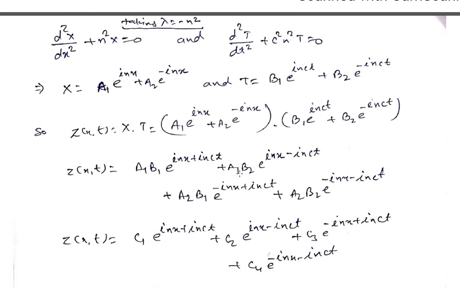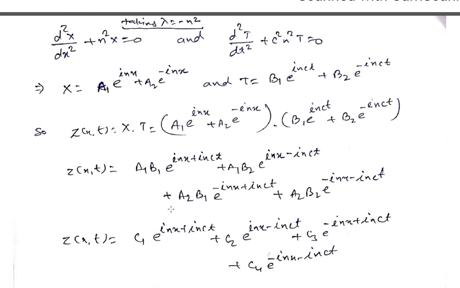In the second term, we have another multiplication of arbitrary constants a1 b2 and exponential of (iota nx minus iota nct). Whereas in the third term, we have the exponent of exponential as minus iota nx plus iota nct. And in the fourth term, we have exponential of minus iota nx minus iota nct.